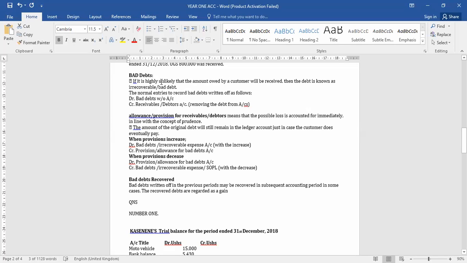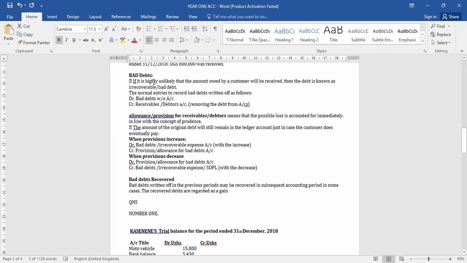A good example is when you lend someone 200,000 before the lockdown, and he or she is a teacher, and they are still in total lockdown, they haven't yet opened. Then it may be a bad debt to you because there are higher chances that this person is unlikely to pay me the amount given to him before the COVID-19 lockdown.